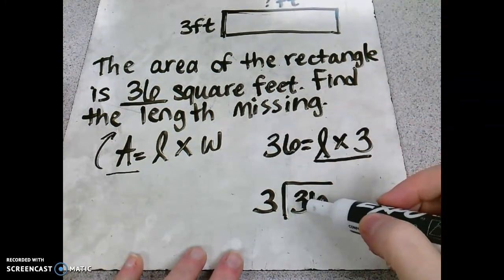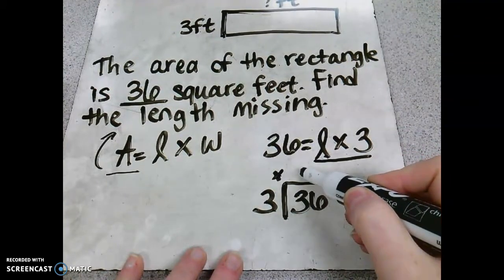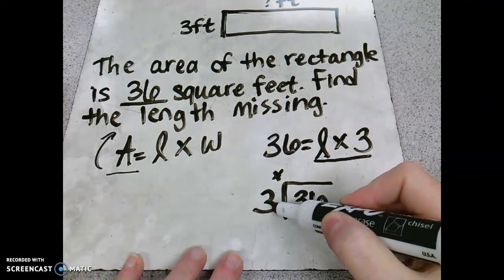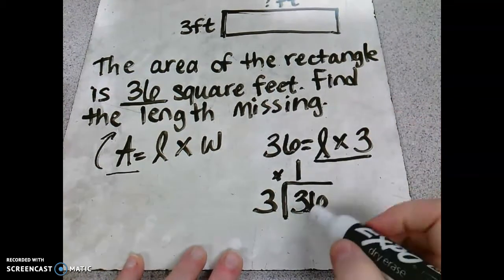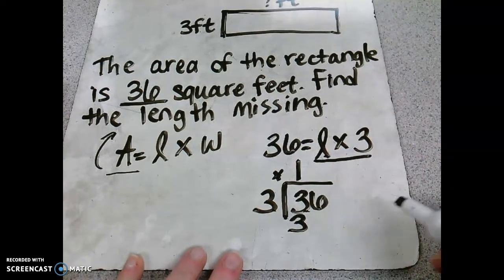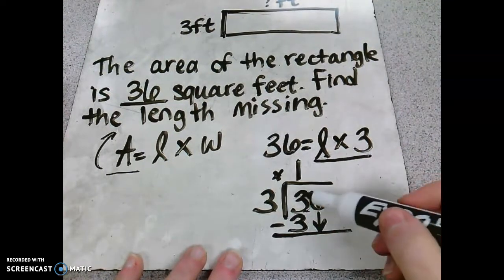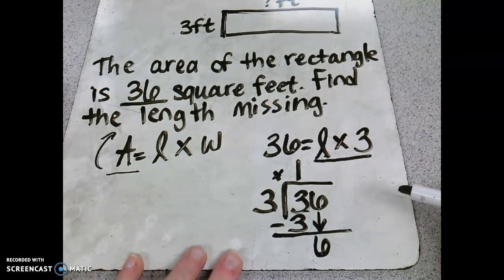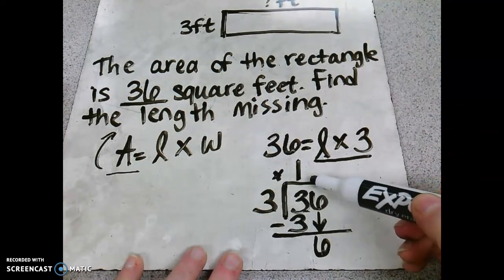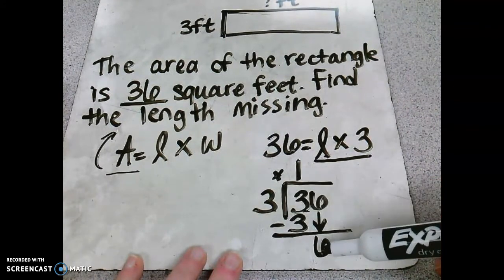Okay, so to do long division, our first step is to do 3 times what is going to get me 3? 3 times what is going to get me 3? 3 times 1, you're right. 3 times 1 is going to get me 3. Okay? And we're going to subtract because we're trying to get to 0. We're going to bring our 6 down because we haven't touched it yet. 3 minus 3 is 0. And our 6, we bring it down, is 6. Okay? So now we need to do 3 times what is going to get me 6?